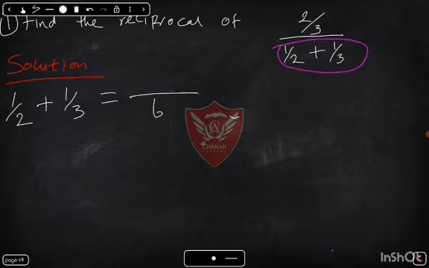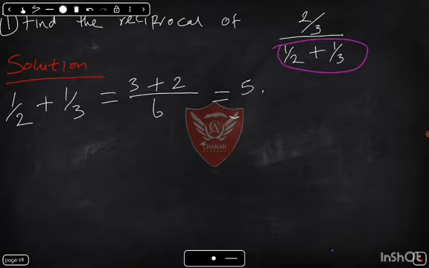Now 6 divided by 2 is 3. 3 multiplied by 1 is 3. 6 divided by 3, the result is 2. Multiplied by 1, the result is 2. So plus 2.